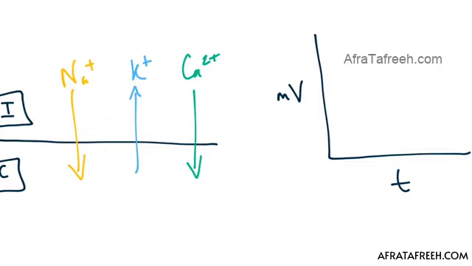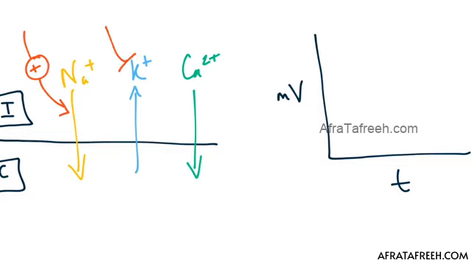The idea here is that the cell has the ability to increase the permeability of sodium leak channels and decrease the permeability of potassium leak channels.